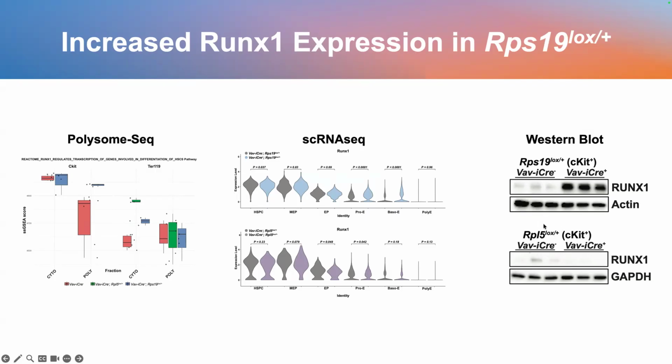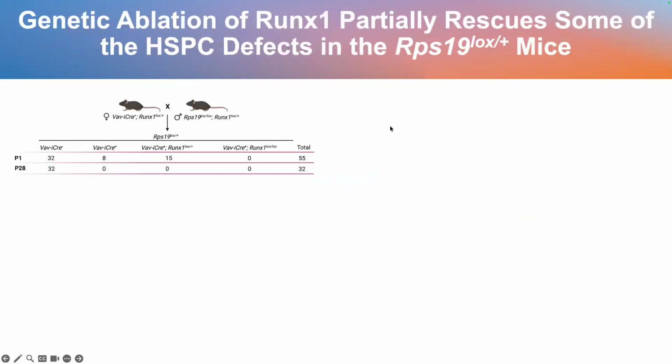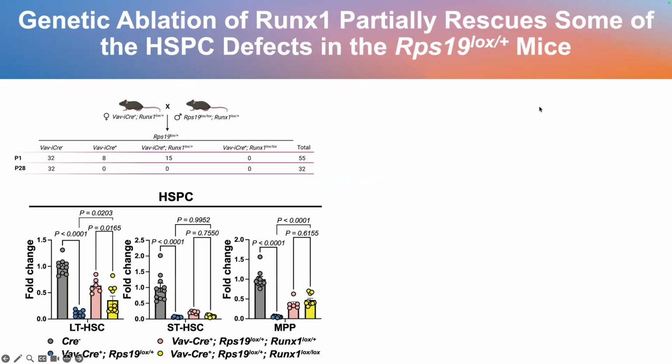So what does it mean? We did the same. We removed RUNX1. We used the RUNX1 flox. And here's something very interesting, I would say, but that doesn't bring a lot more to the table: using the same gating strategy and the same markers, we observed an increase by removing one copy of RUNX1, but this was not dose dependent.